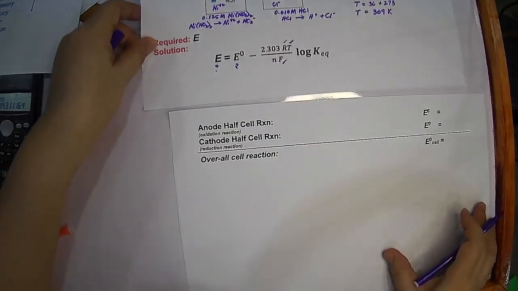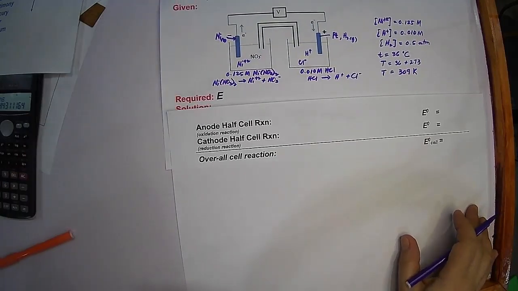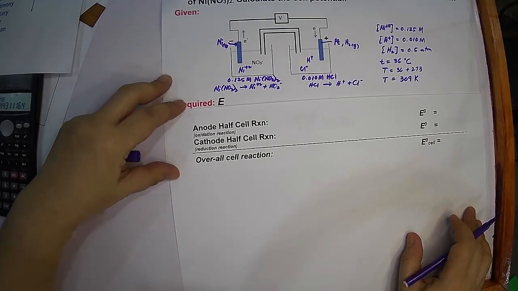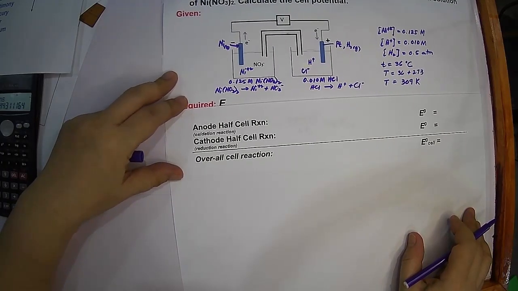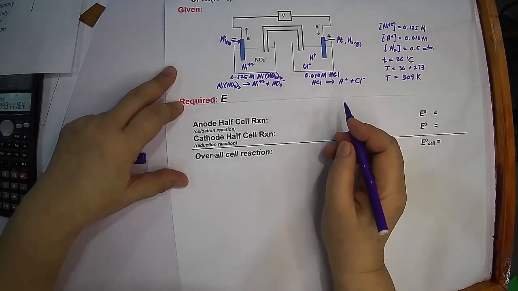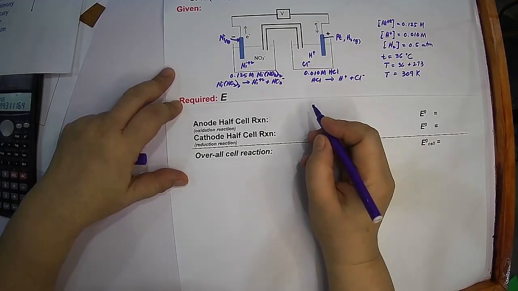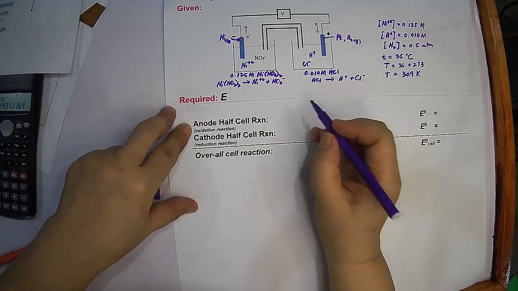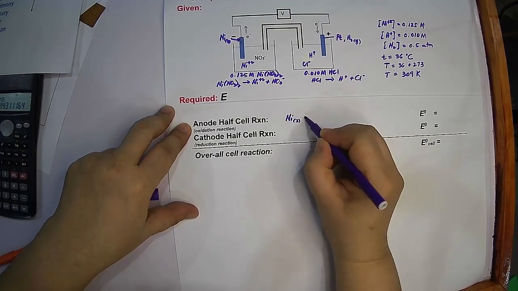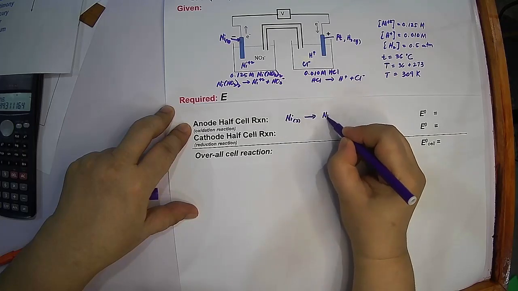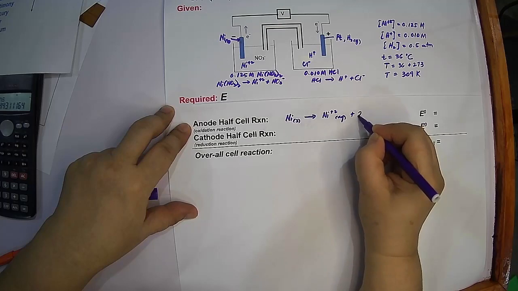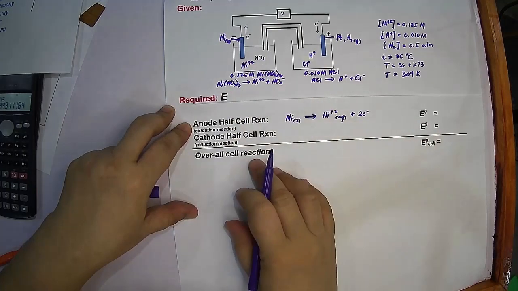Okay, now since we identified the anode to be the nickel, being more active than the reference cell hydrogen, it is above the reference cell hydrogen. Okay, so we have the nickel that will undergo oxidation, meaning it will lose electrons, plus 2 electrons.